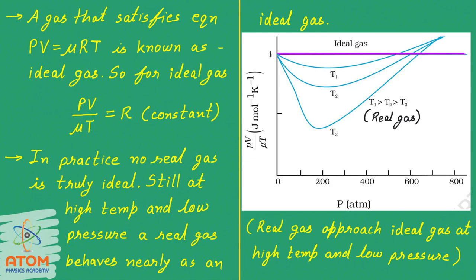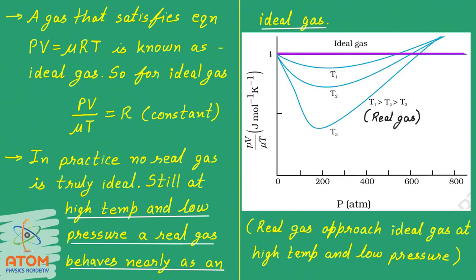In practice, no real gas is truly an ideal gas. Still, at high temperature and low pressure, a real gas behaves nearly as an ideal gas. This is something you have to remember.